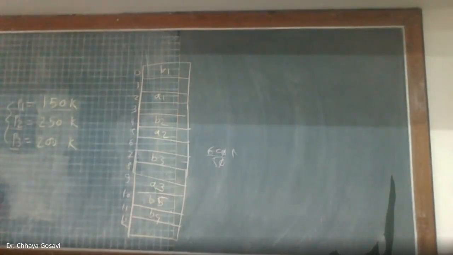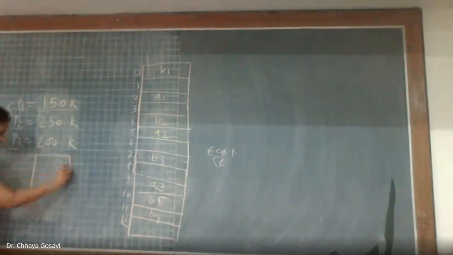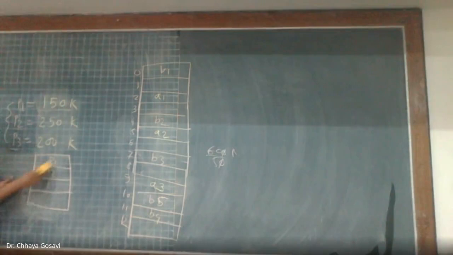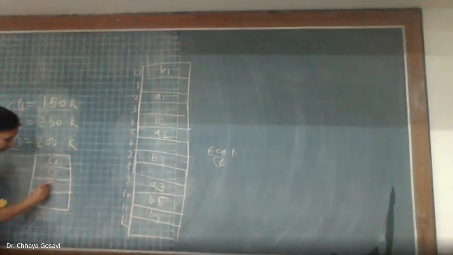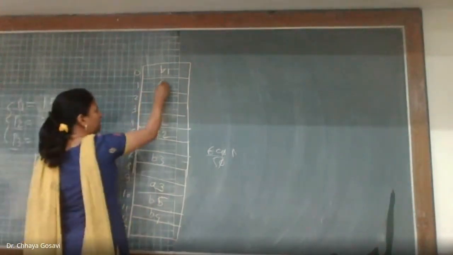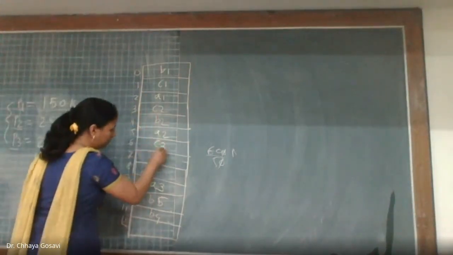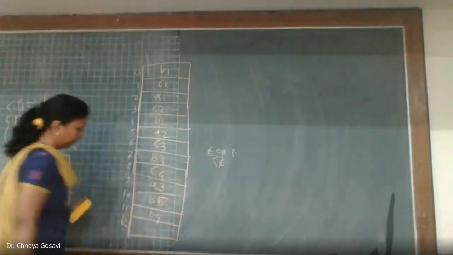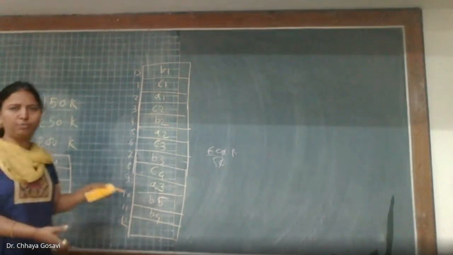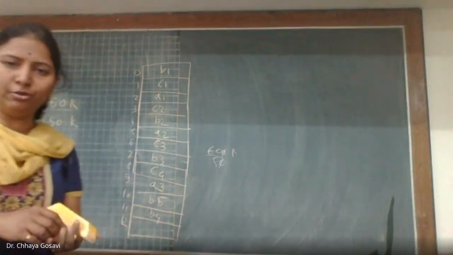Now take process P3, size is 200, so 200 divided by 50, that is 4 pages. So we'll call them C1, C2, C3, C4. And you can see that we can load these pages also in our main memory. Right? So all the processes can be loaded into main memory and they can execute properly.